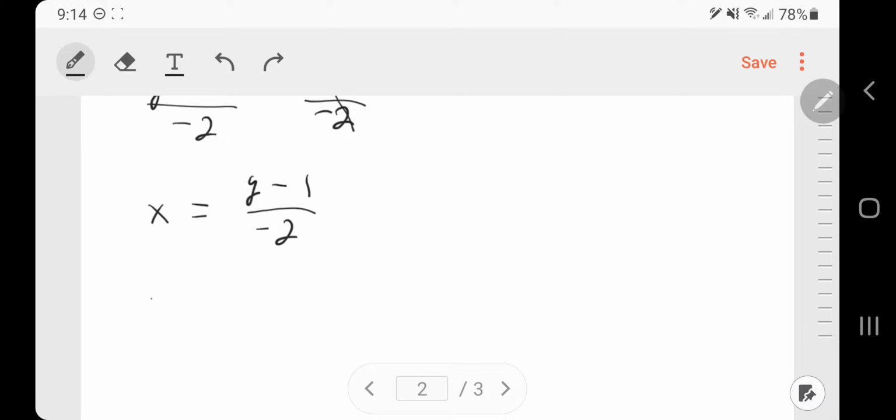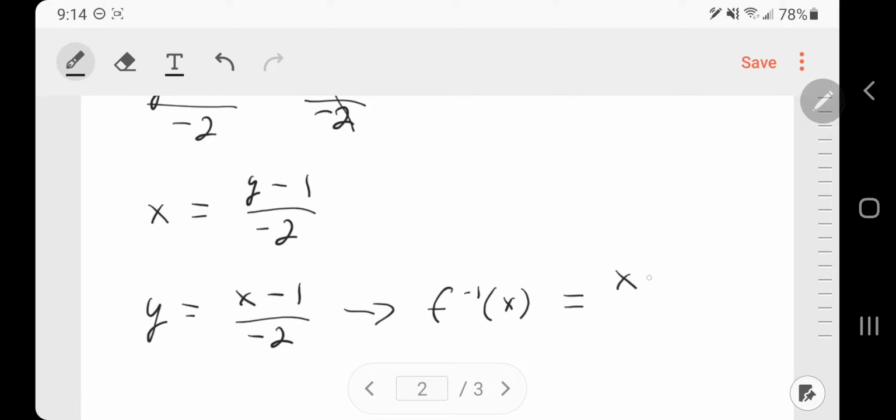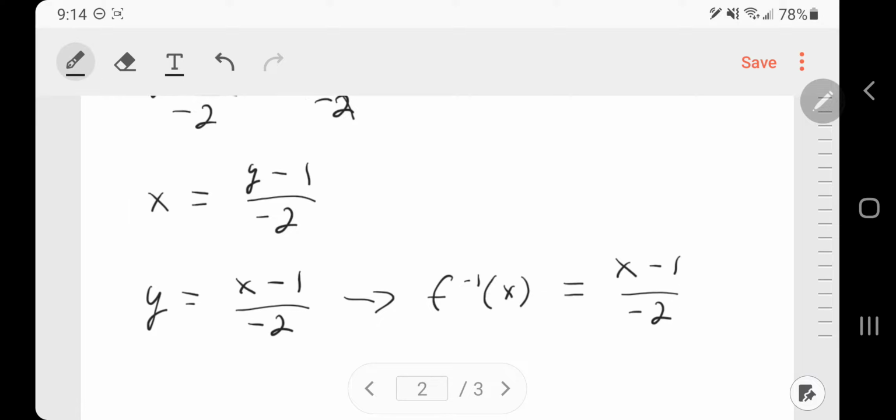So now I'm going to rewrite this as y equals x minus 1 over -2. So you see how I switched the positions again of x and y. Okay, and we can rewrite this using our inverse function notation. So now it's going to be f -1 of x is equal to x minus 1 over -2.